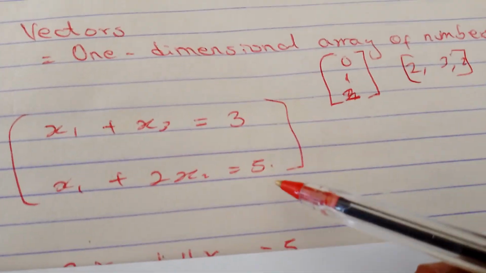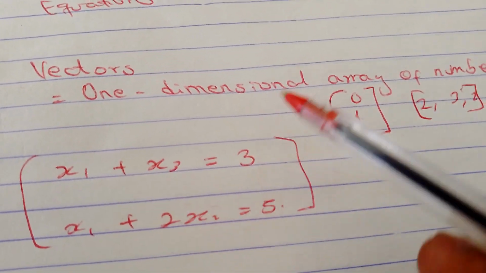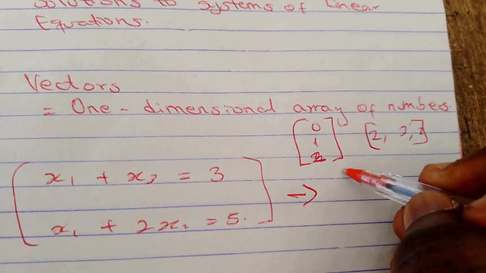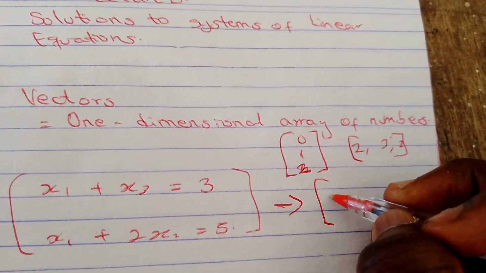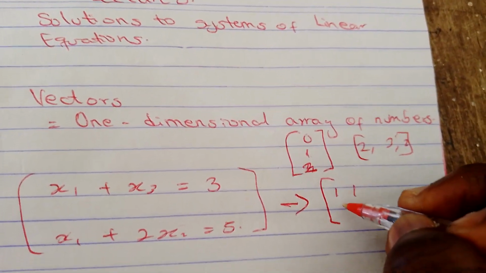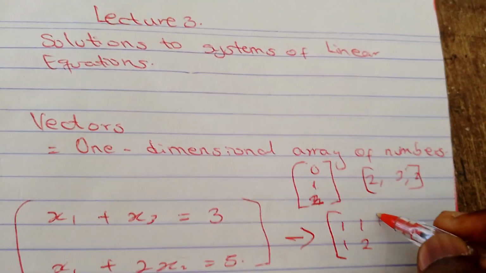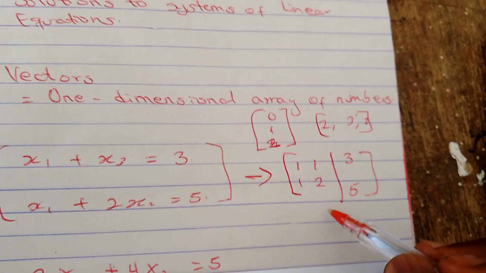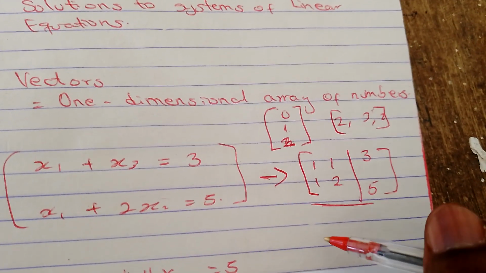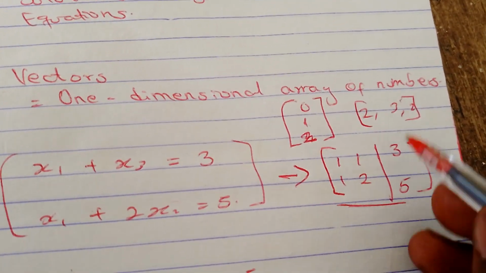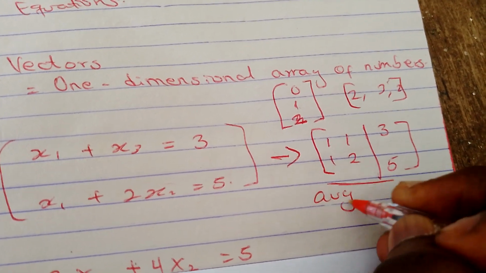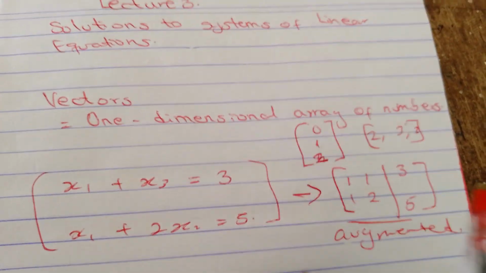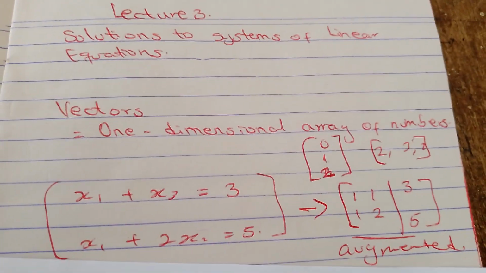If we have two equations like that, we can always convert that to a matrix form that can look like 1 1, and then 1 2. It's always better to use this, the augmented matrix form, so it's easier to work in this form. We'll show you that later on.